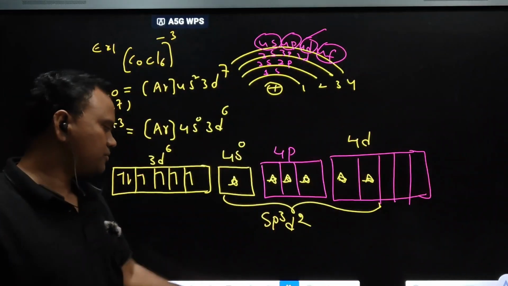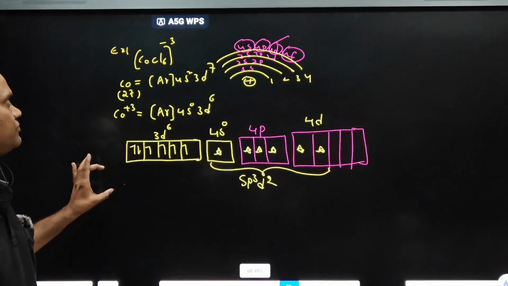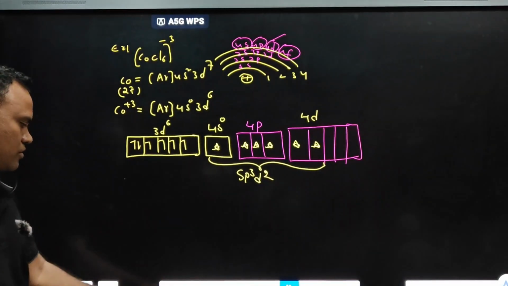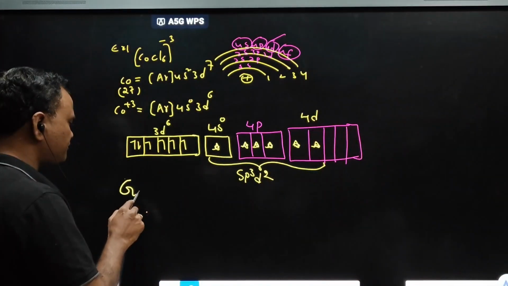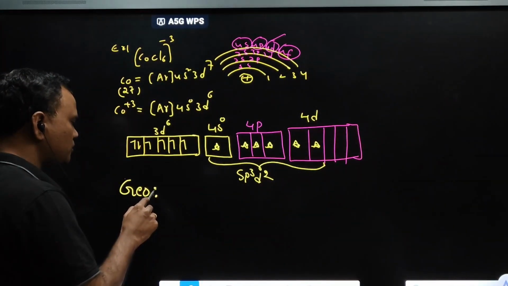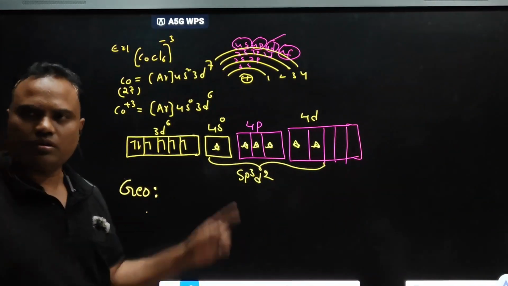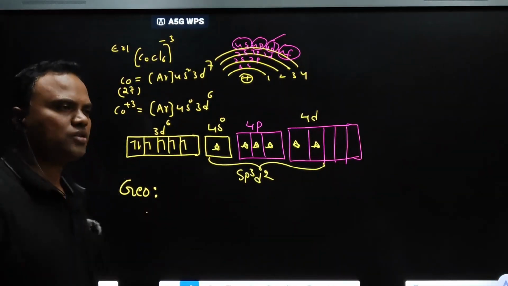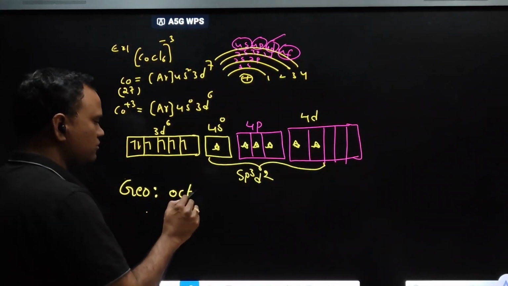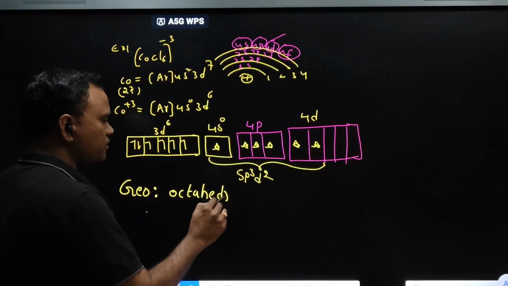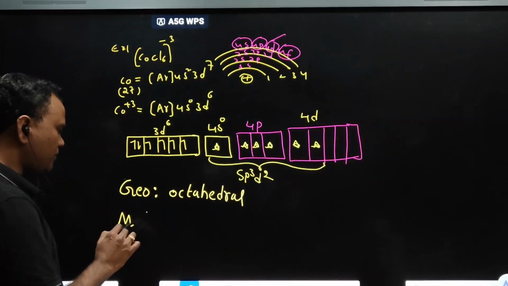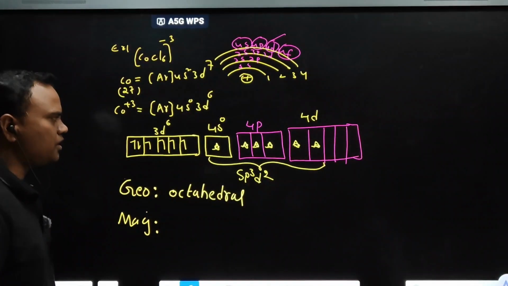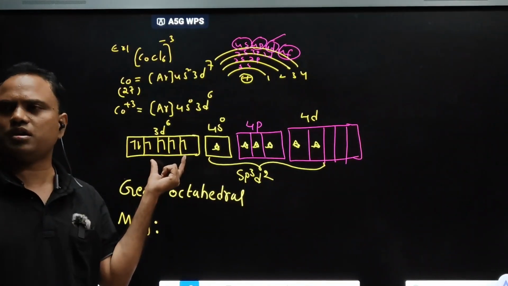Write other properties. What is the geometry here? If coordination number is 6, geometry is octahedral. Octahedral geometry. Magnetic property: single electrons are present.